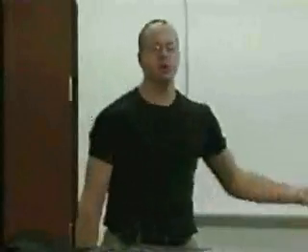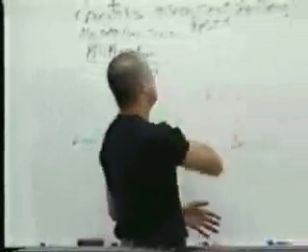ACE inhibitors are for when you have congestive failure, because ACE inhibitors only lower mortality when there's congestive failure. Aspirin lowers mortality. Beta blockers lower mortality. Calcium blockers are only if you can't tolerate the beta blockers.